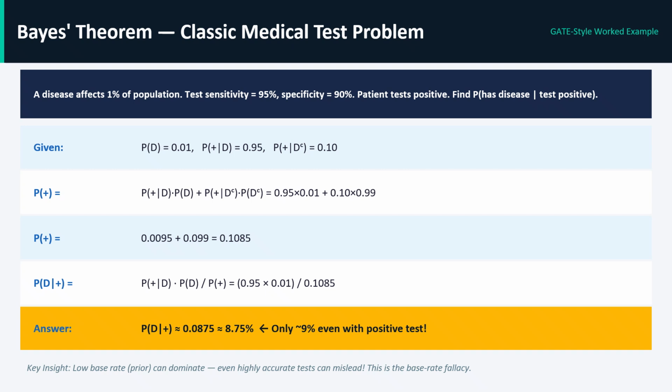Probability of positive given D complement is equal to 0.10. This is derived from specificity.